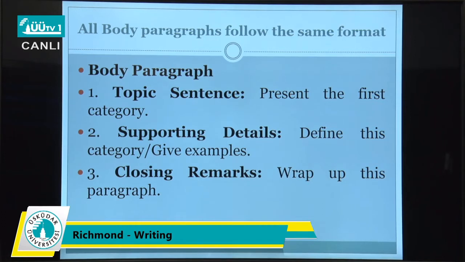In our body paragraph, first we need our topic sentence. In the topic sentence, we should present the first category, the first group, the first class. We should introduce it. And after that, we need to give the supporting details. You can define the category, you can give examples.